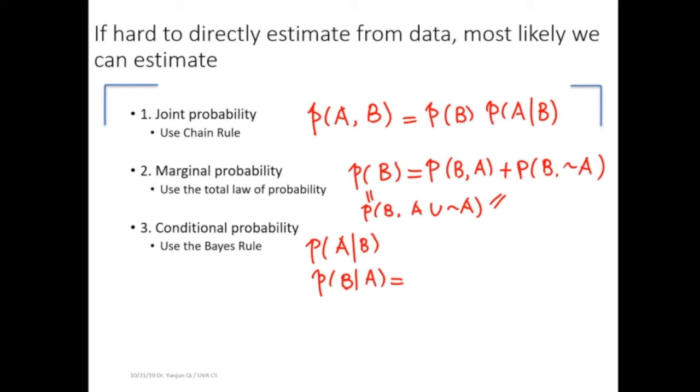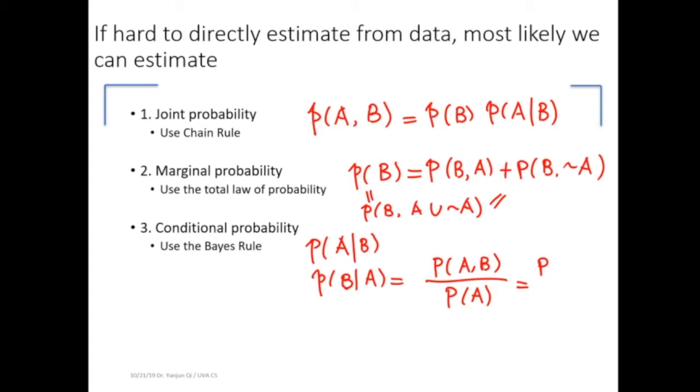So let's actually just use the... you can get this, right? All right. Because P(B and A) is hard to directly estimate from data.